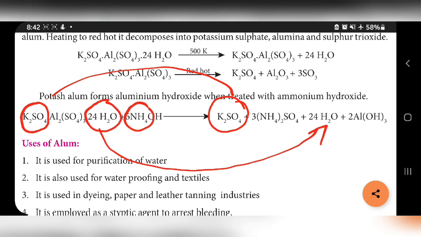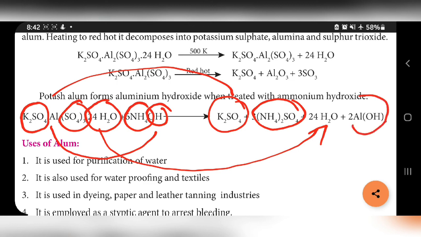The remaining 6 ammonium take the sulfate and form ammonium sulfate. The remaining aluminum takes the hydroxide group, and it forms aluminum hydroxide.